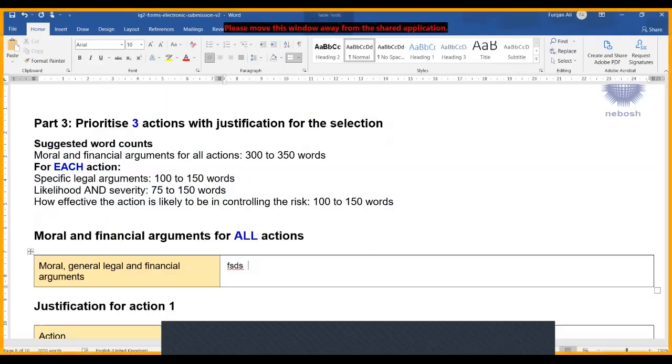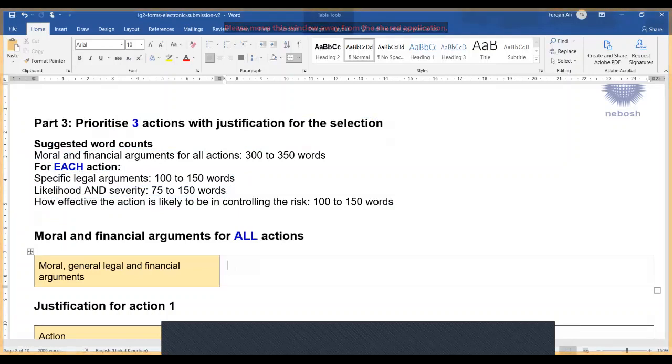Now, let's say we select 3 actions, which is providing a welding hood and providing scaffolding, or whatever the 3 actions are. I'll just mention the moral and legal. These are general arguments you need to give.